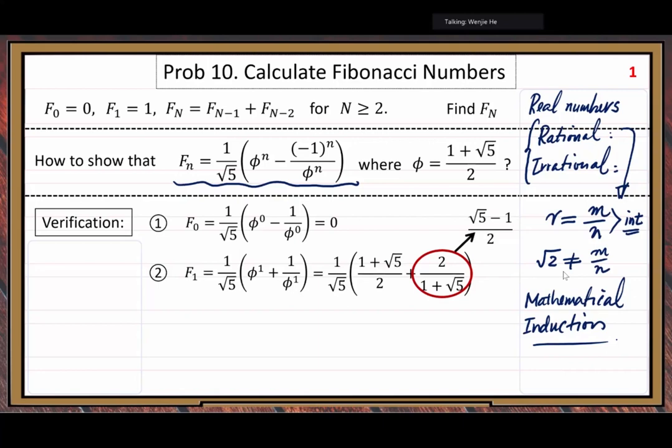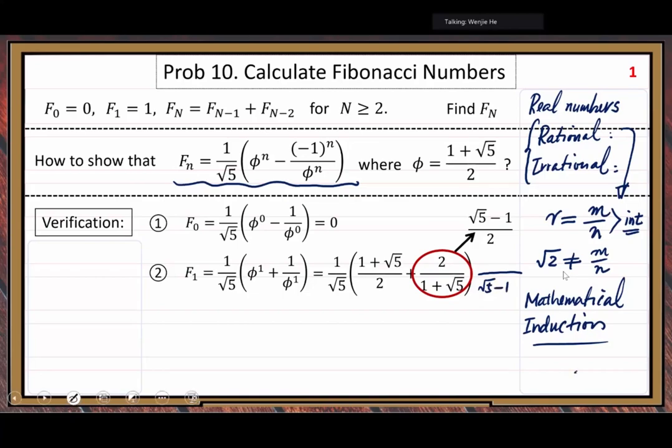Here we use a simple technique: multiply the conjugate, root 5 minus 1.